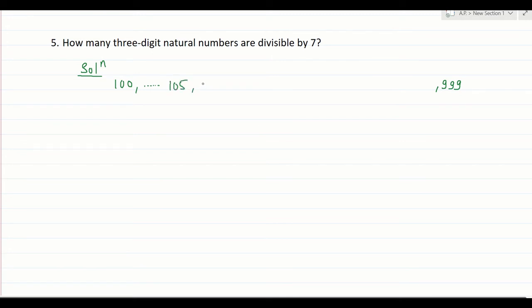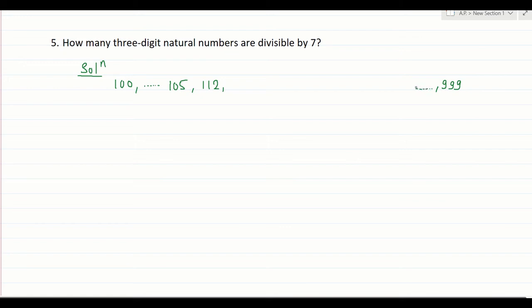And then the next number will be 112 and so on. Similarly, if you start from the last, is 999 divisible by 7? No. Then what is the number which is divisible by 7 from the last?